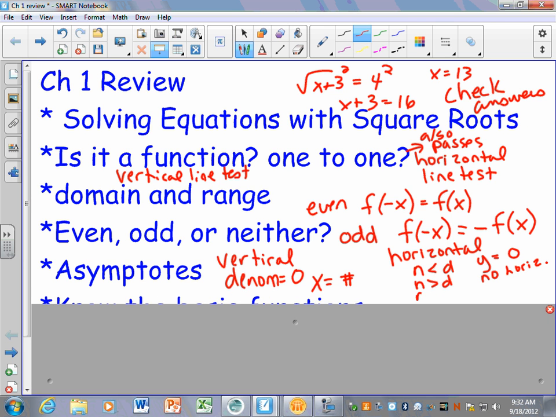And if the numerator degree is equal to the denominator, you have to take the leading coefficients, so I'll just put y equals the leading coefficients over each other. You just have to know those rules when you're doing those problems. I could just say find all asymptotes and ask you to find the vertical and the horizontal asymptotes.